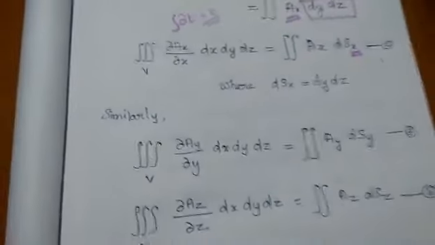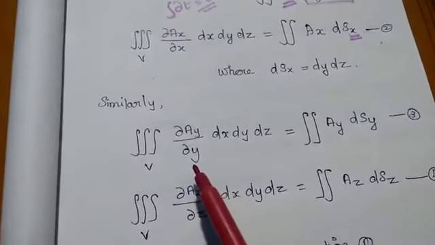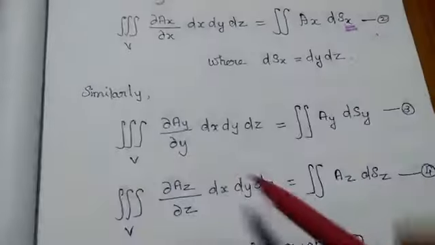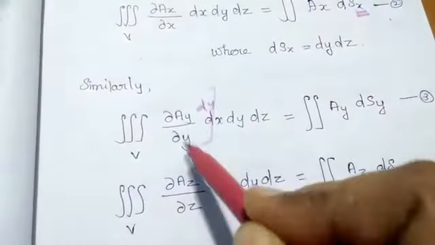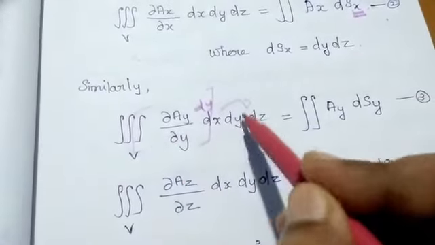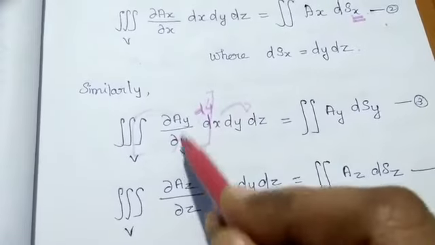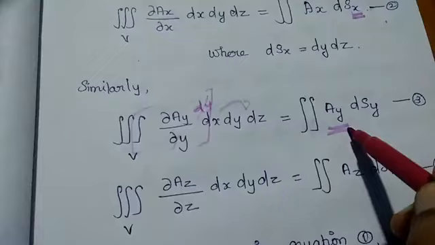Similarly, we can get the volume integral of dou Ay by dou y dx, dy, dz. Again we can take this dy here and move dx and dz to this side. The dy cancels, so we will get the integral of dou Ay, which gives only Ay.